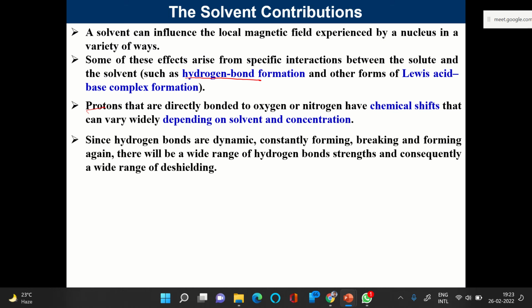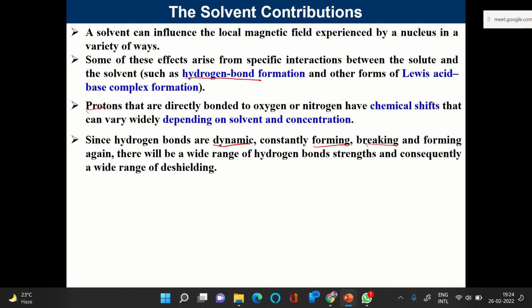We will see a few examples. It is because hydrogen bonding is dynamic. What we mean by dynamic is that it is in the process of forming and breaking at the same time. Some of the hydrogen bonds are being formed, some will be broken in a solvent.